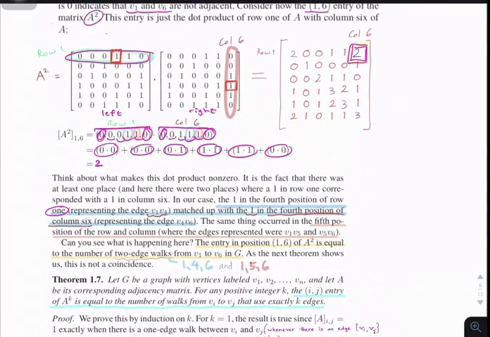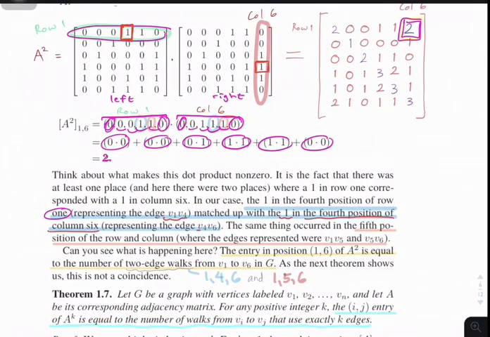So this represents the edge 4 to 6. Another thing that happens is that you can look at the 5th position of the row and column. Here this represents the edge 1 and 5, and then we also have this value 1 here, which represents the edge between 6 and 5.